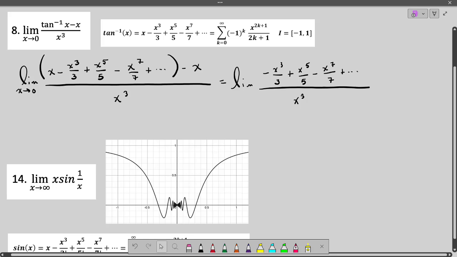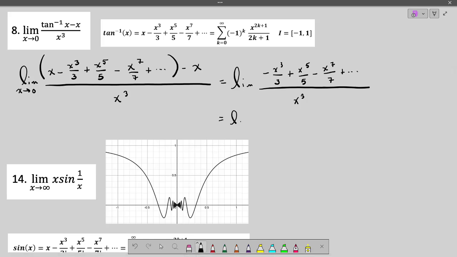Now we divide x cubed into each of the terms in the numerator, and we're going to be left with negative 1/3 constant plus x squared divided by 5 minus x to the 4th divided by 7 plus etc. And this limit is as x goes to 0, not infinity. And we see that that limit is negative 1/3.